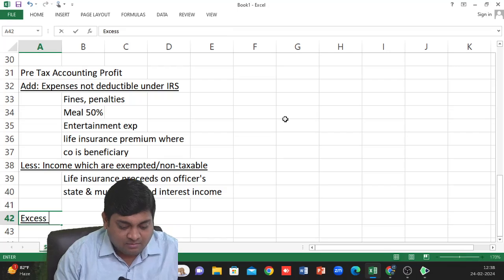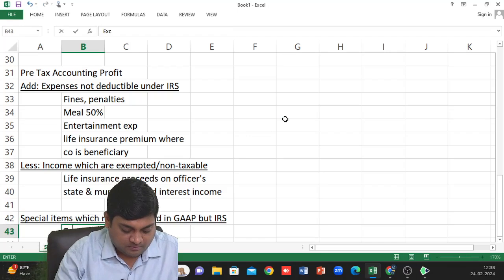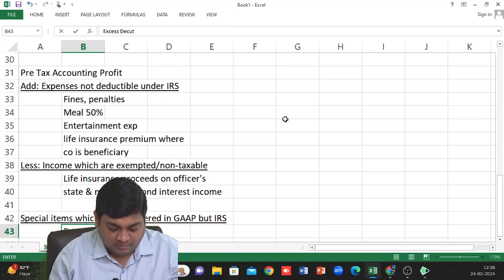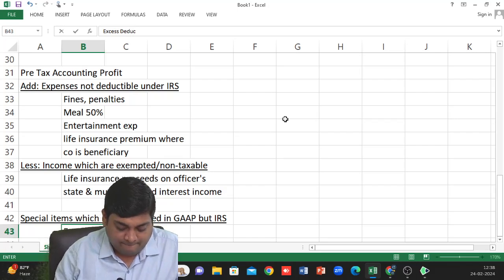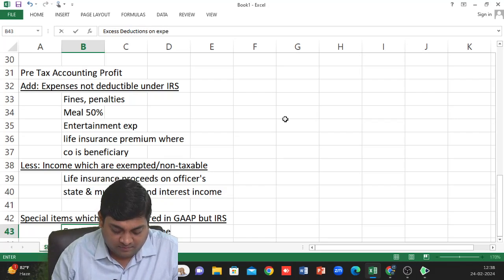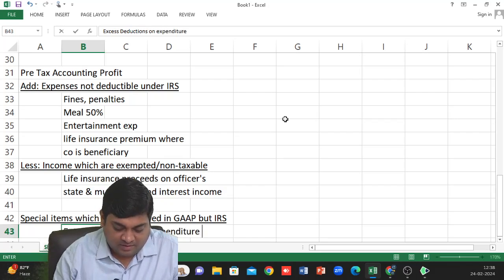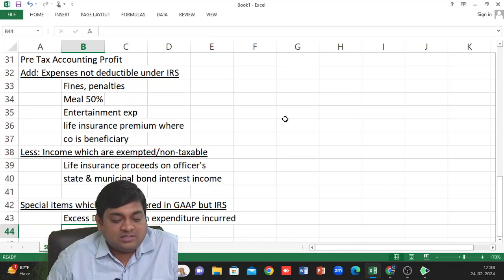So we have some excess deductions of expenditure incurred. So this will be subtracted.